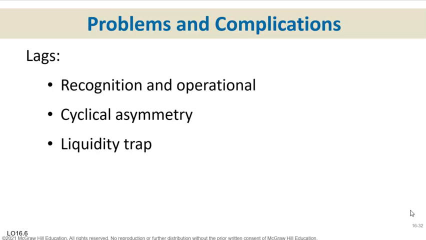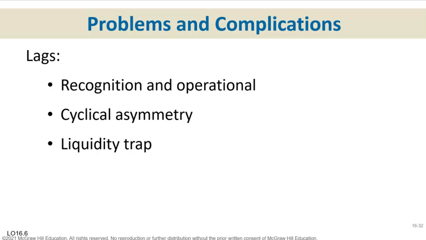This means that restrictive monetary policy is more effective than expansionary monetary policy. In other words, the Fed is much more effective at controlling inflation than it is at helping the economy recover from a severe recession.